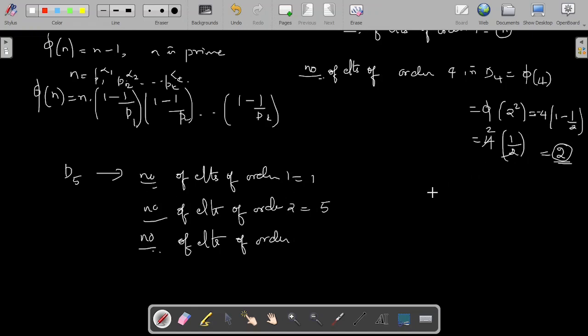Other possible orders you have to find out only if k divides n. So k divides n, here n is 5. What are the possibilities? 1 and 5. So the number of elements of order 5 is phi of 5, and 5 is prime, so 5 minus 1, 4. 5 plus 4 is 9, plus 1. Totally there are 10 elements. One element is of order 1, 5 elements are of order 2, and 4 elements are of order 5.